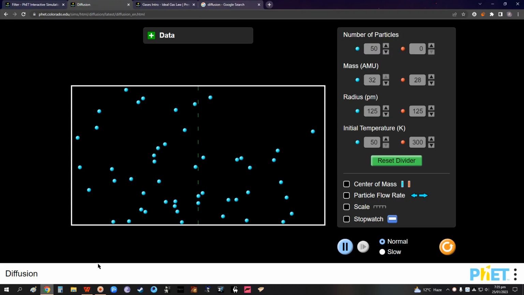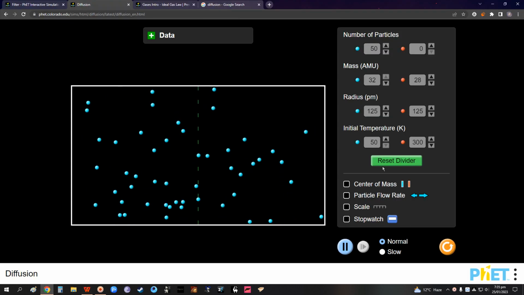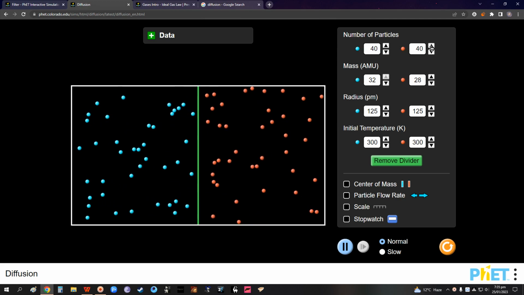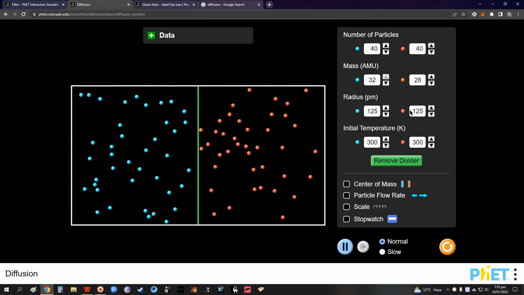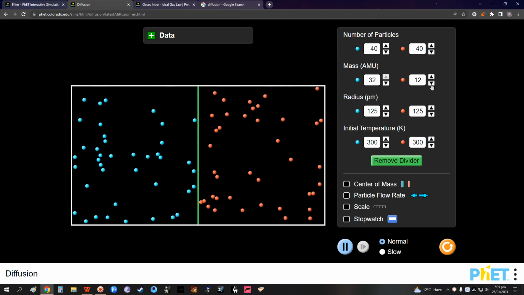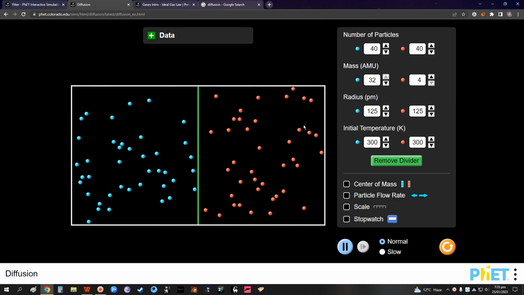So let's experiment with what the simulator has to offer, right? So we're going to reset this. Now we're going to add 30 or 40 particles for the blue one, which is a heavier mass. It's a bit slow, and we're going to add an equal amount of red particles, except we're going to reduce the mass so that it's a lighter gas, let's say hydrogen.